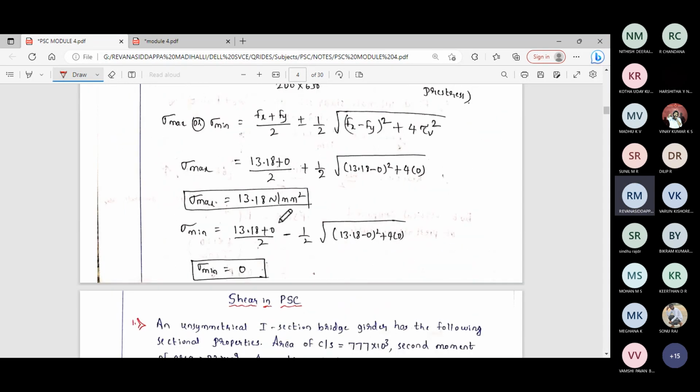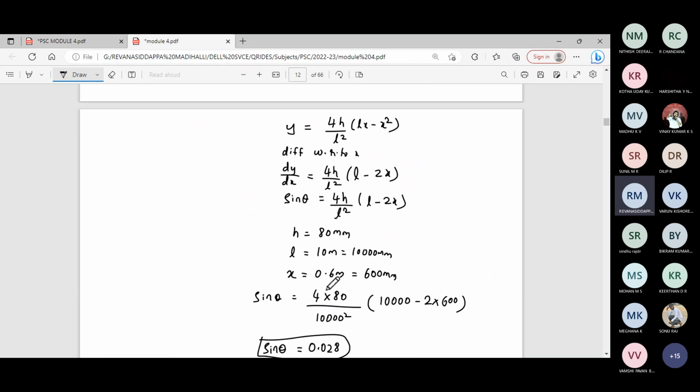Now what else you required? You require Fx and Fy value. Take 1 minute time to calculate. Fx is nothing but horizontal pressure, which is equal to prestressing force divided by area, and Fy is nothing but vertical pressure.